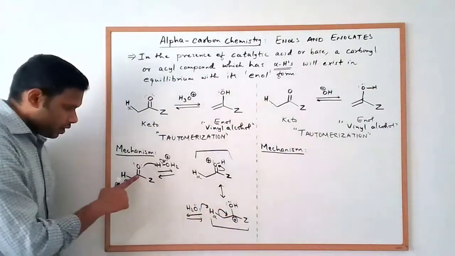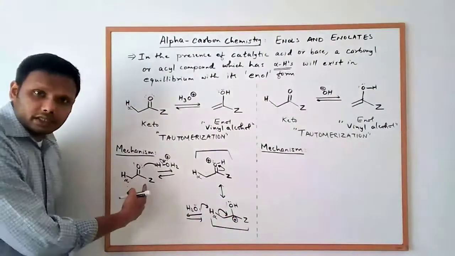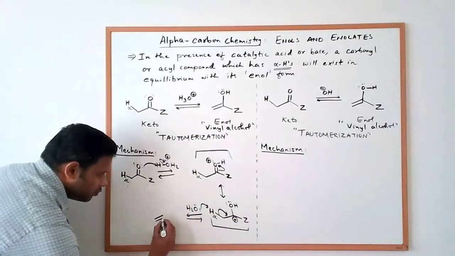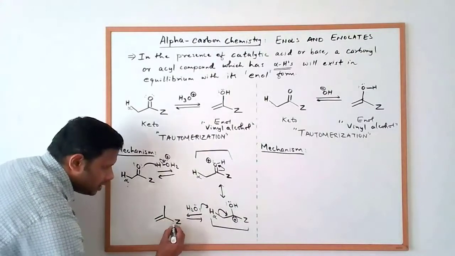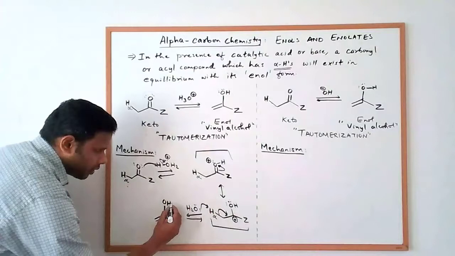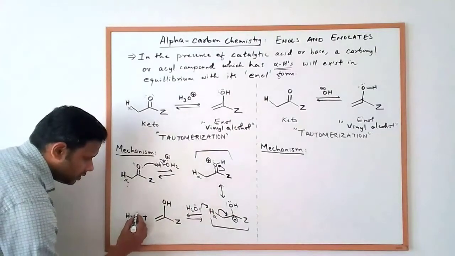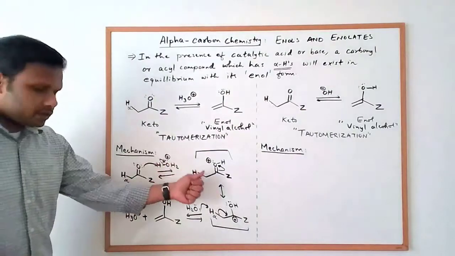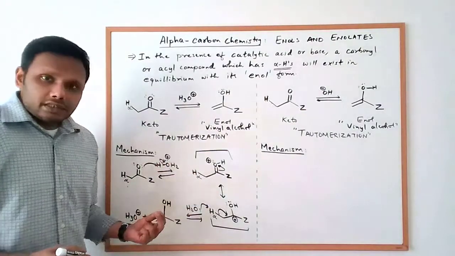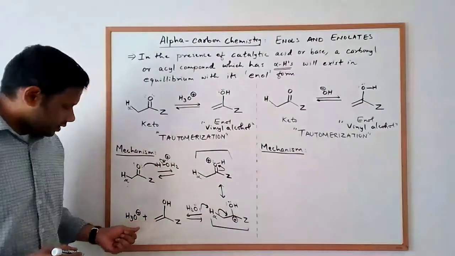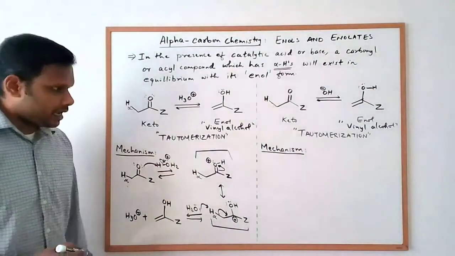And that carbon was the carbonyl or the acyl carbon prior. So you get that, which means we get the enol form of the molecule, plus we get the acid. So this process overall needs only a catalytic amount of acid because we regenerate the acid.